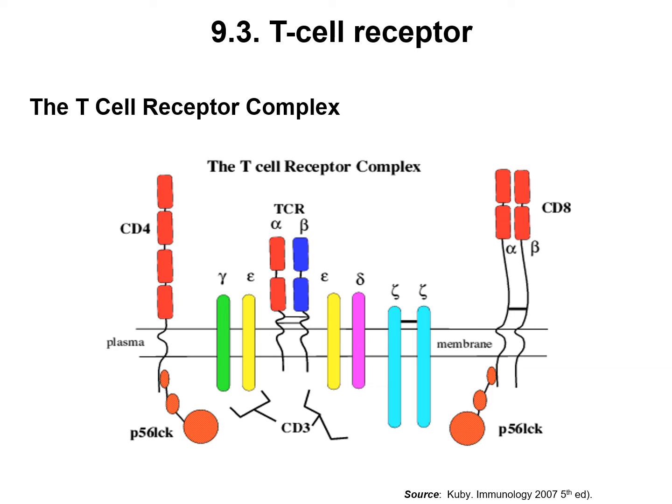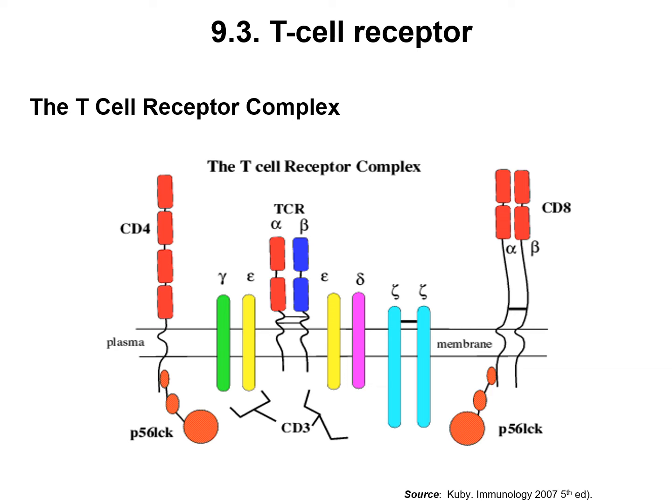So these are the structures relative to those cell receptors. We have the CD4 receptor, we have the CD8 receptor, gamma, epsilon. These are the CD3 receptors below, and we have the alpha beta receptor.